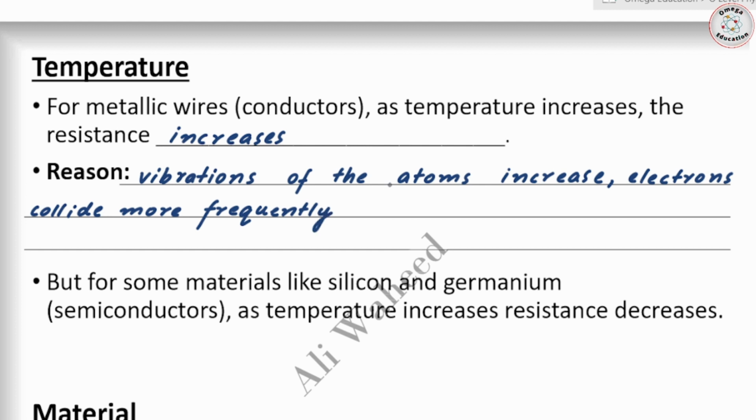Electrons collide more frequently with the metal ions and lose energy more frequently. So hence the flow of electrons drops.